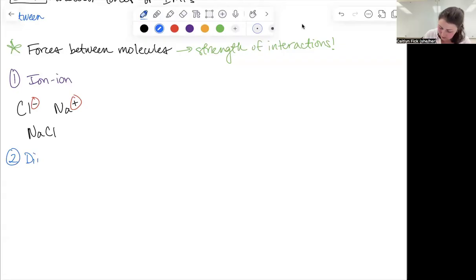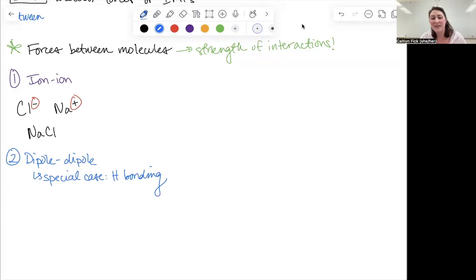The second example here is dipole-dipole. And I'm going to talk about a special case called hydrogen bonding. This name is a little bit misleading because it's not actually any sort of bond that's being formed, but I just want to make sure you know that before we start talking about these examples. I want to highlight water here because water is truly the poster child of hydrogen bonding.